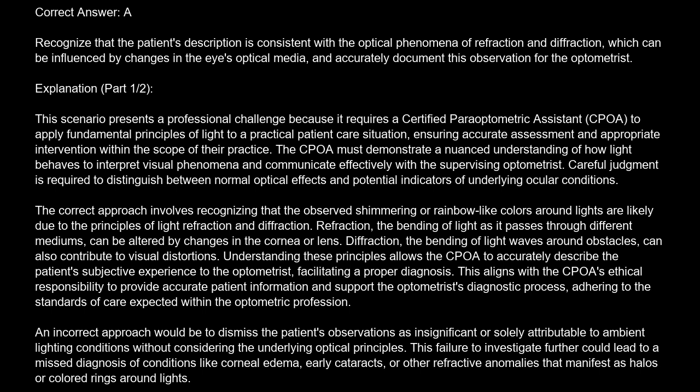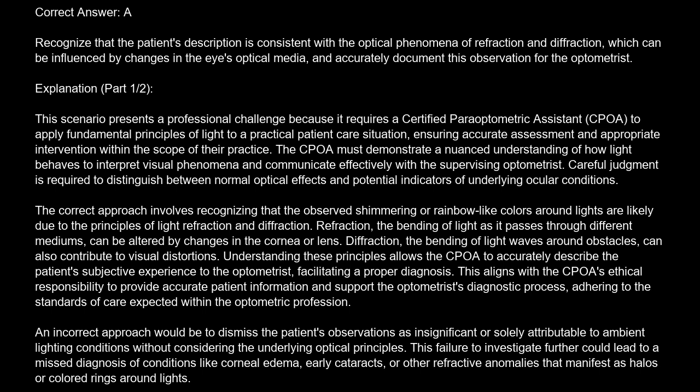The correct approach involves recognizing that the observed shimmering or rainbow-like colors around lights are likely due to the principles of light refraction and diffraction. Refraction, the bending of light as it passes through different mediums, can be altered by changes in the cornea or lens. Diffraction, the bending of light waves around obstacles, can also contribute to visual distortions.